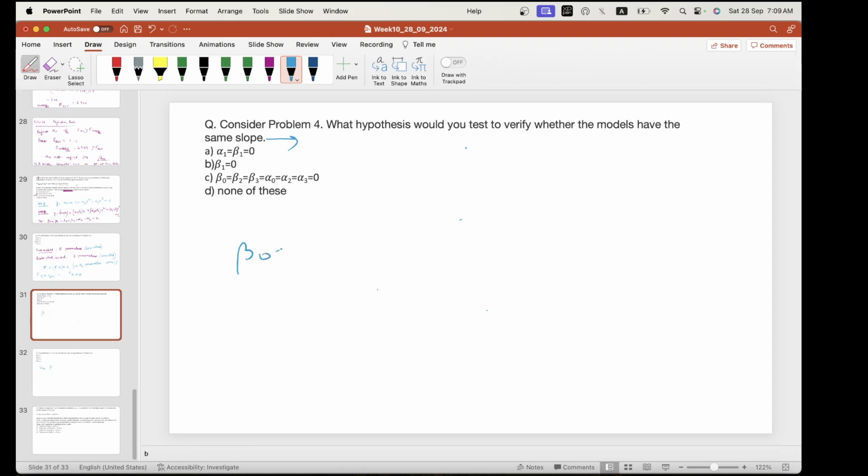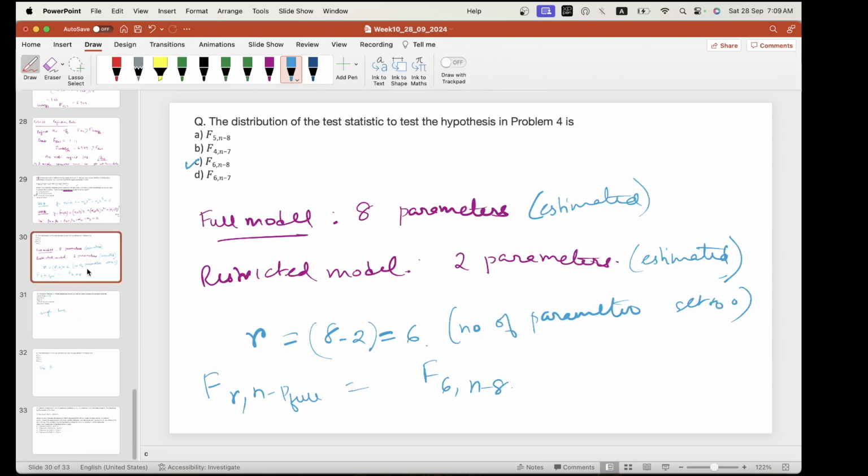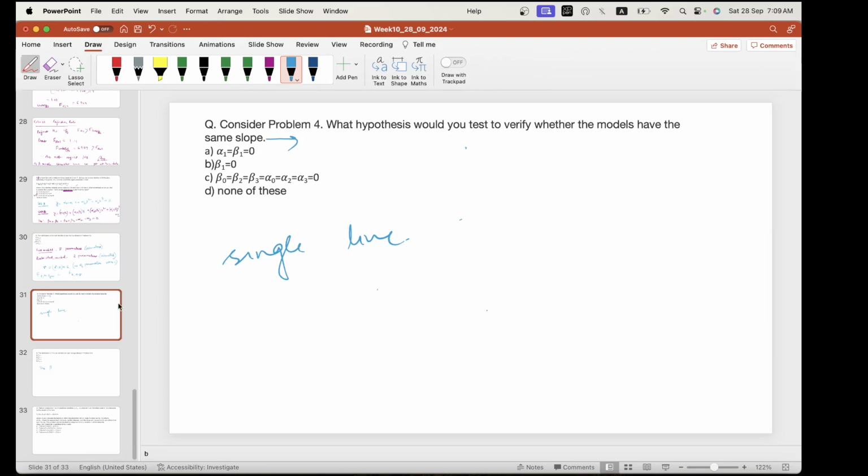So that means beta naught equal to beta 1 equal to... the thing is we are actually fitting a single line, and a single line implies... if the question says to verify the models have the same slope, it means that the x cube and x square terms are already set to 0.